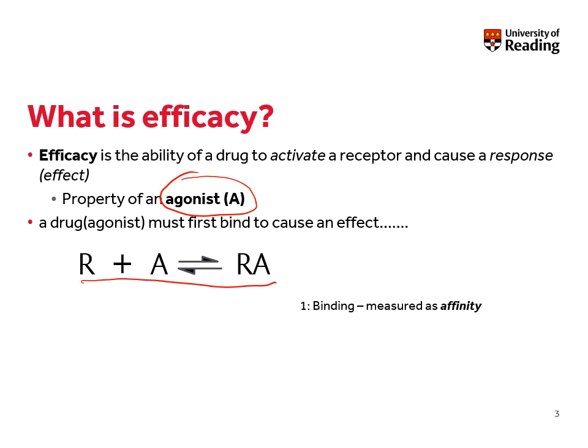Of course, once binding has occurred, and binding is described by this equilibrium here, and we measure that as affinity, the ability to cause an effect we measure as efficacy.